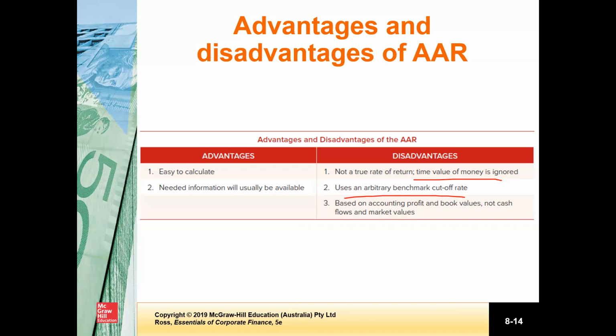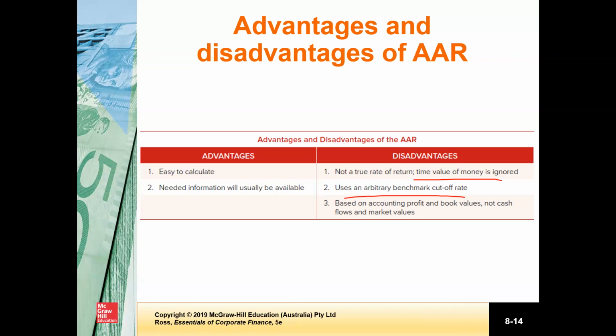And there is no generally agreed way to do that. One way of doing it is to calculate the AAR for the firm as a whole and use it as a benchmark. However, there are lots of other ways to do that, and management will arbitrarily take one of these approaches.